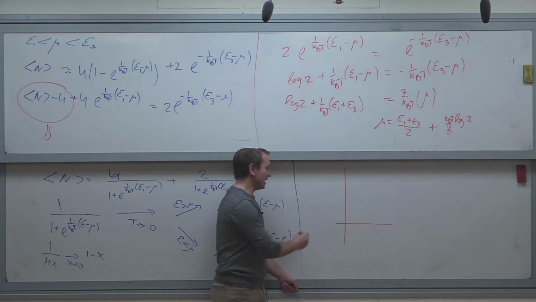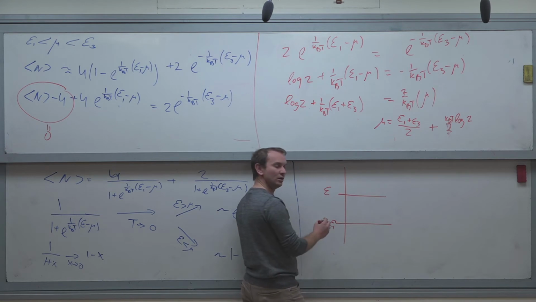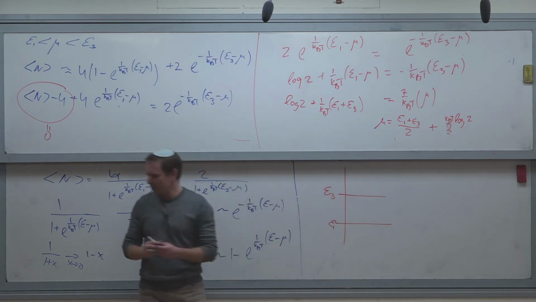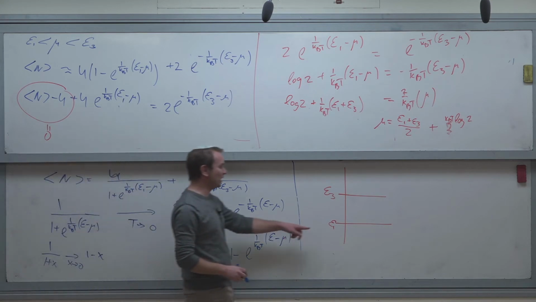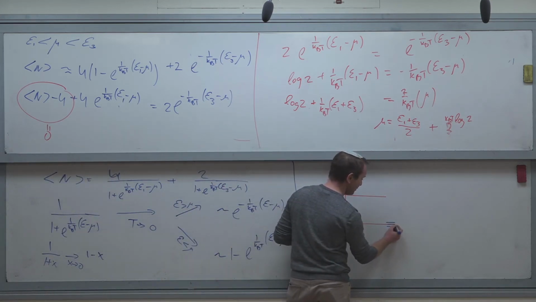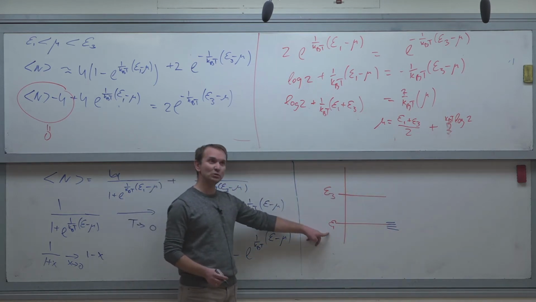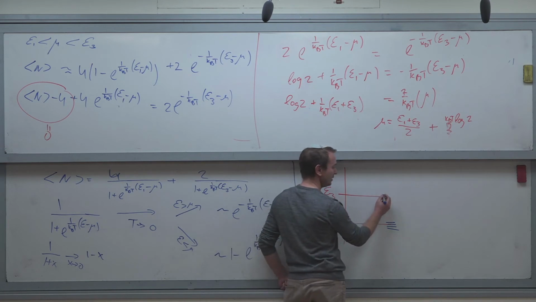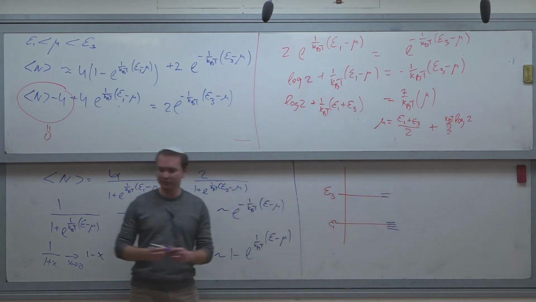We have epsilon 1 and we have epsilon 3. Okay. The degeneracy of epsilon 1 is 4. So there are actually 1, 2, 3, 4 different states with epsilon 1. And there are only 2 states with epsilon 3.